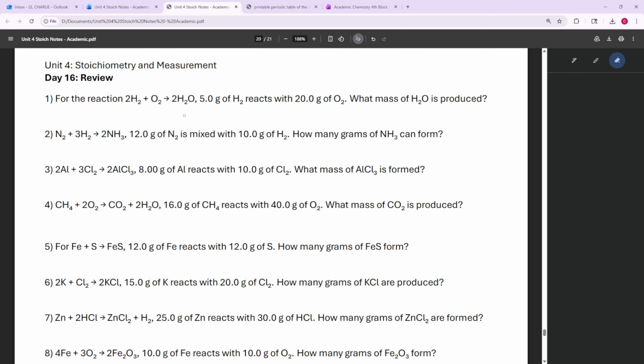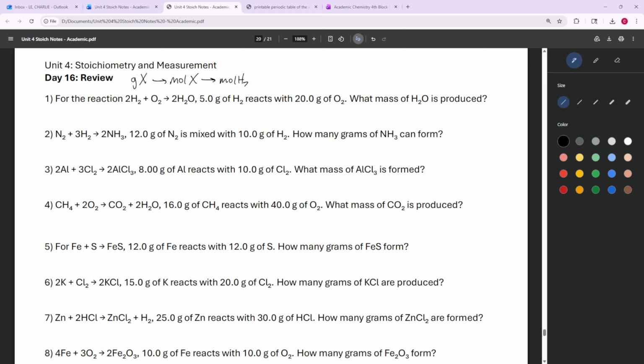So here we're going to go from grams of the first chemical, then to moles of our first chemical, then moles of water, and grams of water.